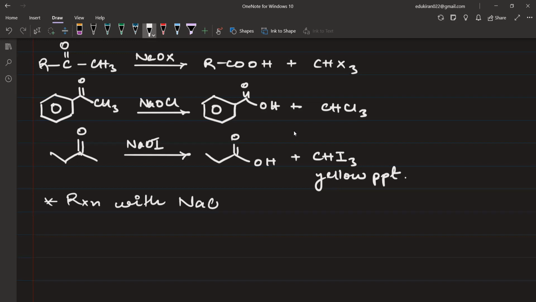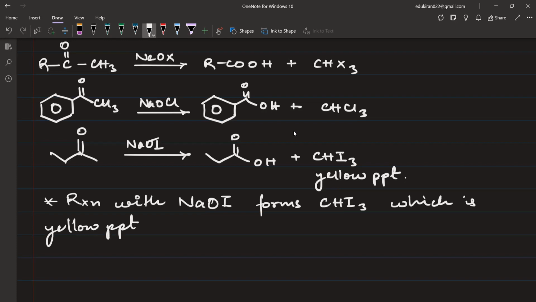Reaction with NaOI forms CHI3, which is a yellow ppt.